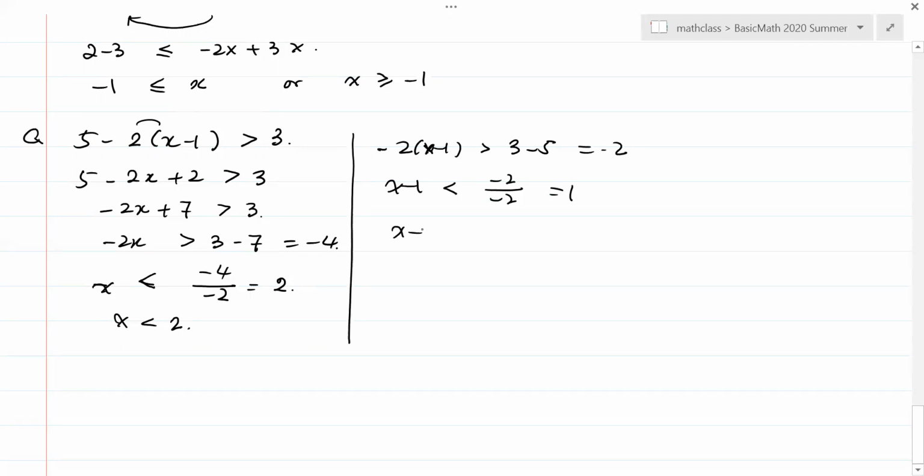So what I got is x minus 1 is less than 1. Then you move 1 to the right-hand side, you get 2. Okay? So if you only see one term containing x, then don't be in a hurry to multiply them out, because that takes more time. Okay?